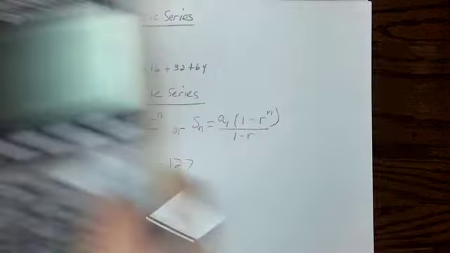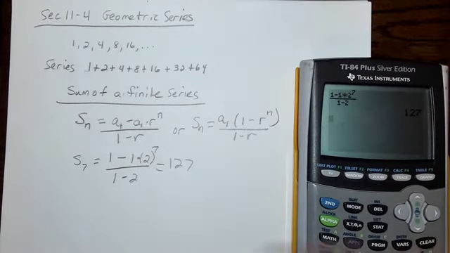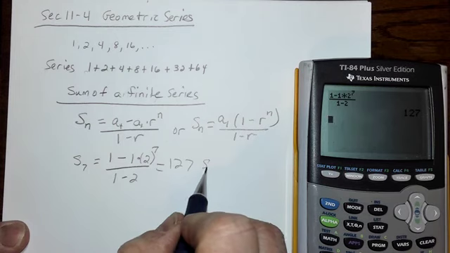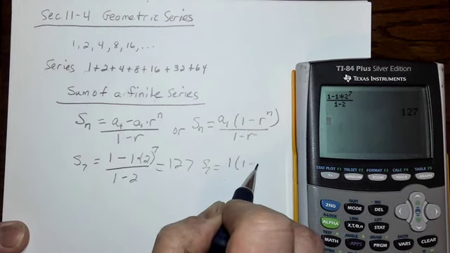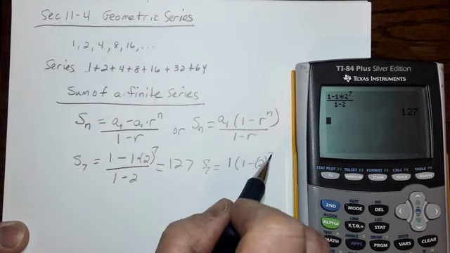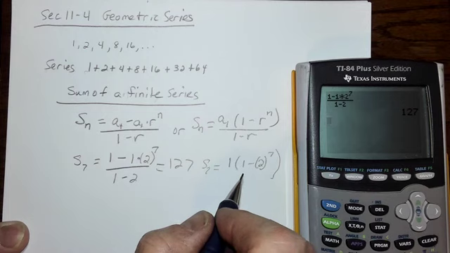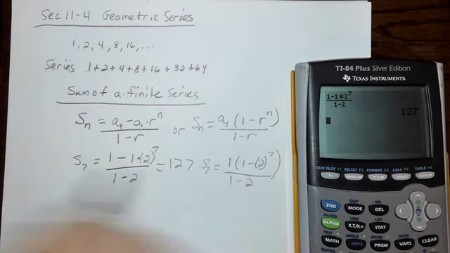Now, if you wanted to use the other formula, it's really the same thing. I would just say S sub 7 is a1, which is 1, times 1 minus 2 to the n, which is 7, over 1 minus 2.